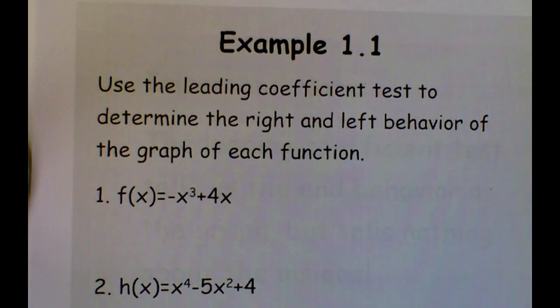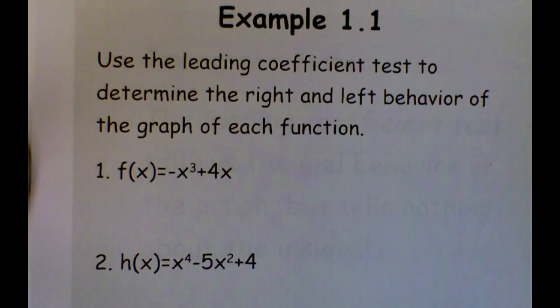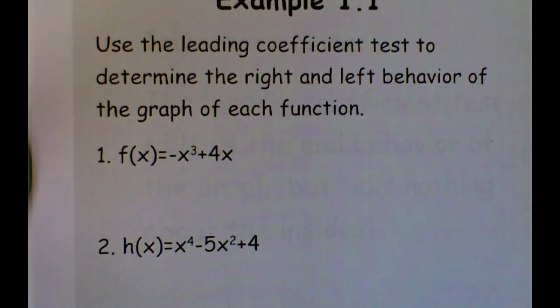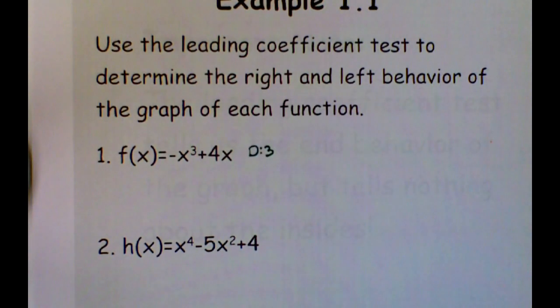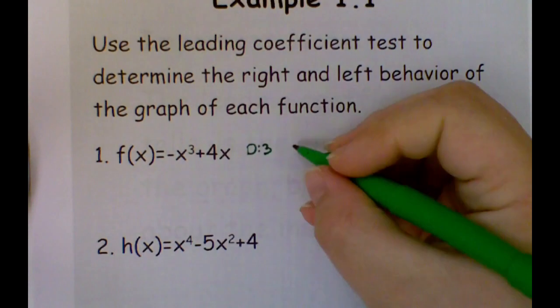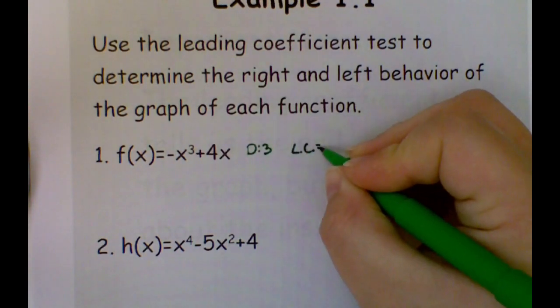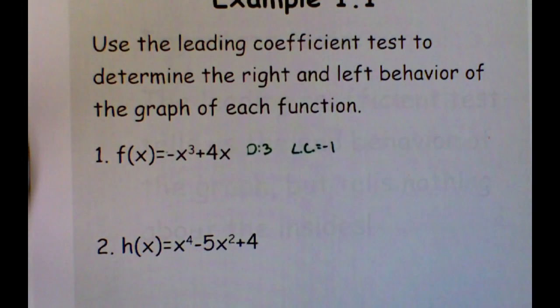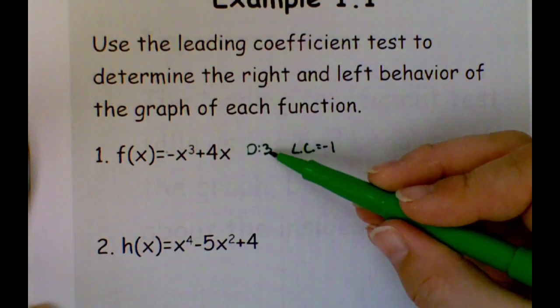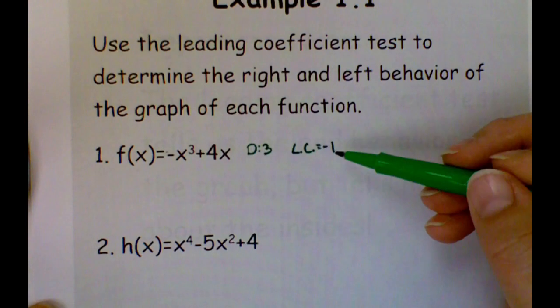All right, let's practice using the leading coefficient test to determine the right and left behavior of each function. So looking at my first function, I notice that my degree is 3 because that's my biggest exponent. My leading coefficient is -1 because that is the coefficient on that first term. So I have an odd degree, negative leading coefficient.